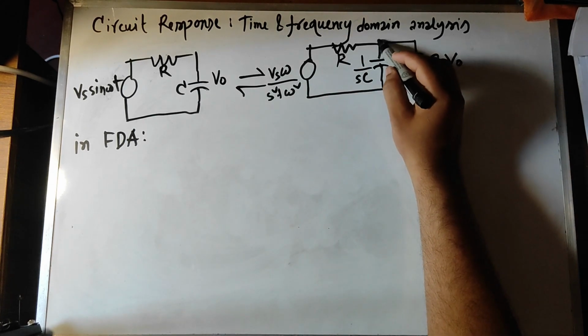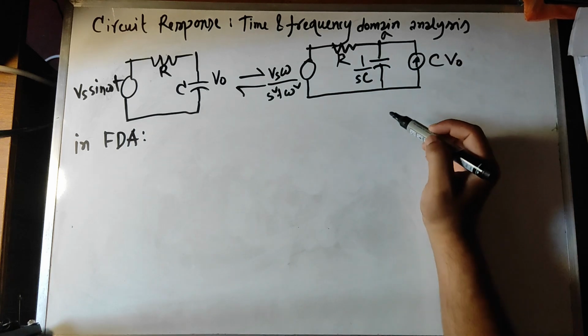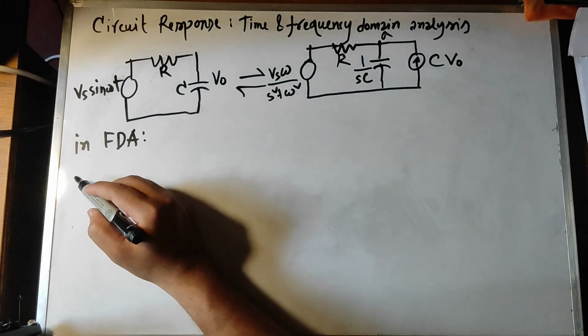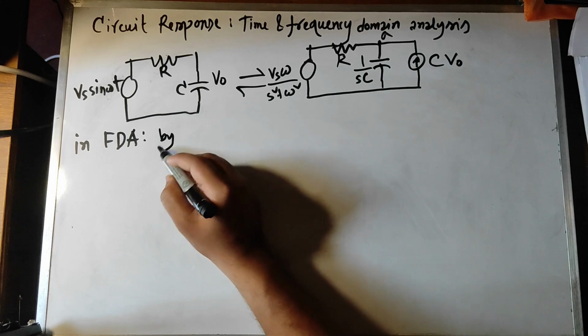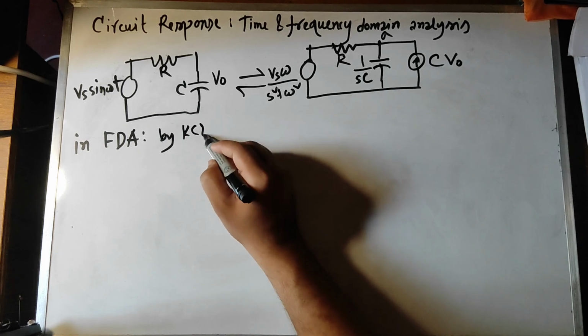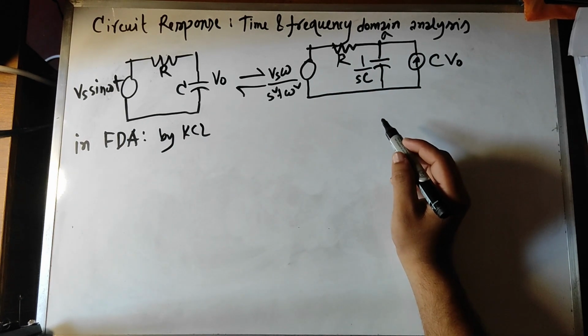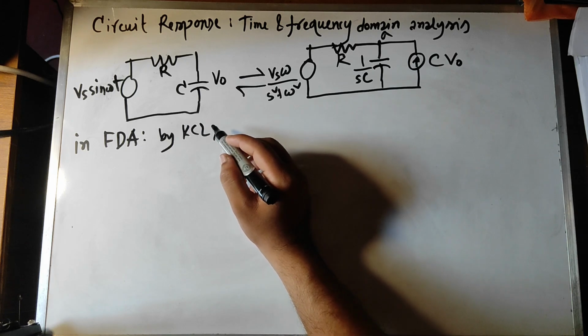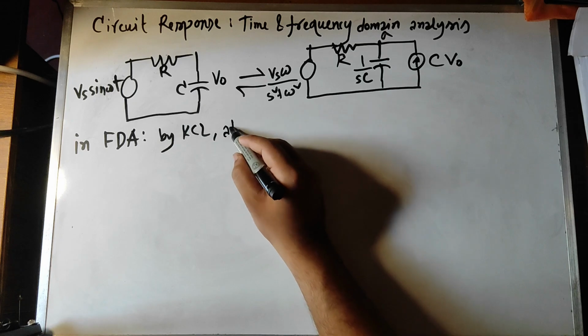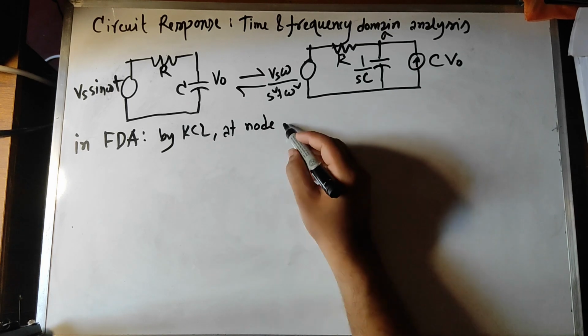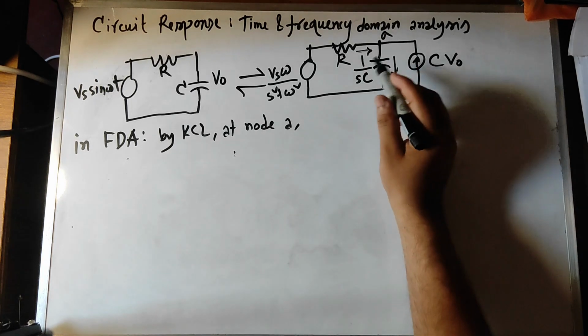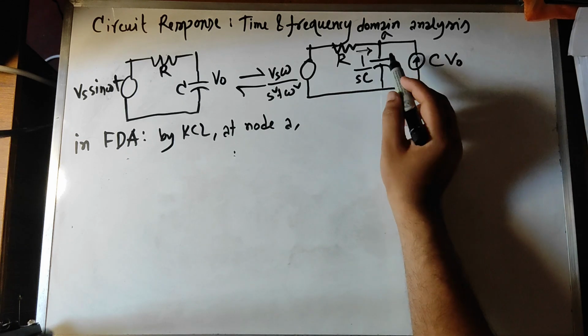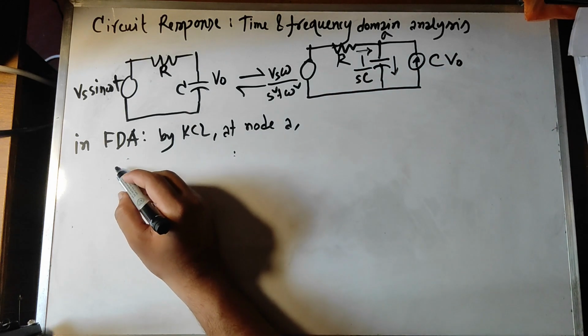Now say this is node A, so we are going to use KCL to analyze this circuit in frequency domain. We apply KCL at node A, and we have chosen the reference directions.